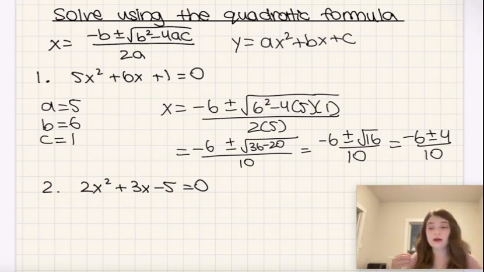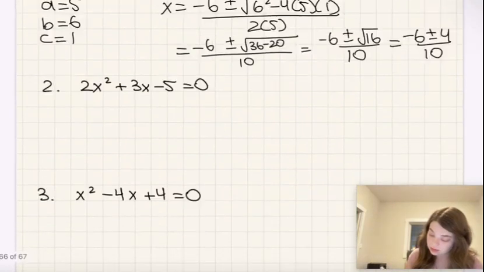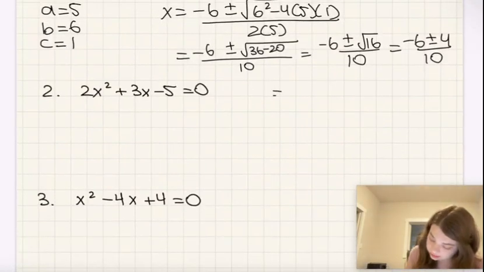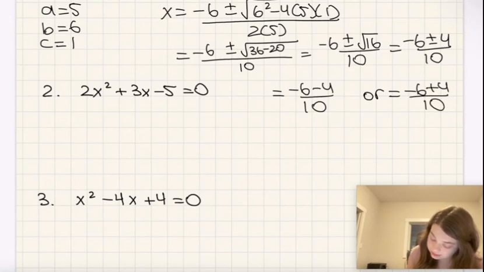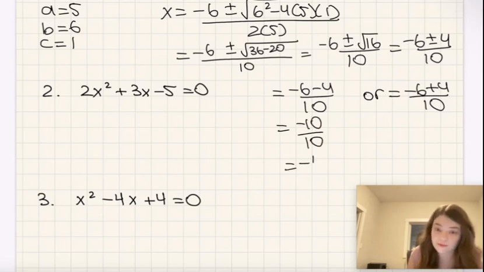And so now this is where the equation kind of splits up a little bit. We need to do negative 6 minus 4 over 10, and then also negative 6 plus 4 over 10. So in this case, we're going to get negative 10 over 10, which is negative 1.